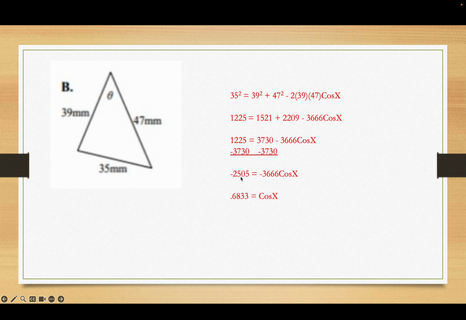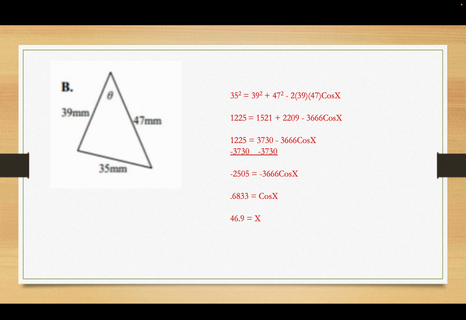Divide negative 2505 by negative 3666. And I get cosine of x is 0.683. But then I just need to do inverse cosine. And that tells me 46.9 degrees, as long as we're rounding to the nearest tenth.